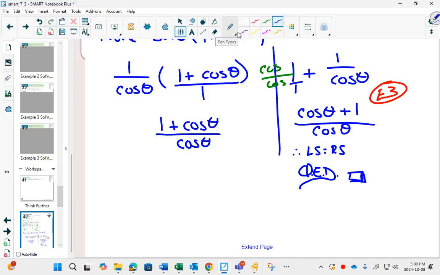Okay, I wouldn't lose marks if I didn't write 1 over 1, but when you multiply, I did imagine multiplying the top and the bottom to get cos theta over cos theta and add this to 1. There's still another E error here. What do you think? I multiplied by cos instead of cos theta. I forgot the theta. It's super important. Cos by itself means nothing.